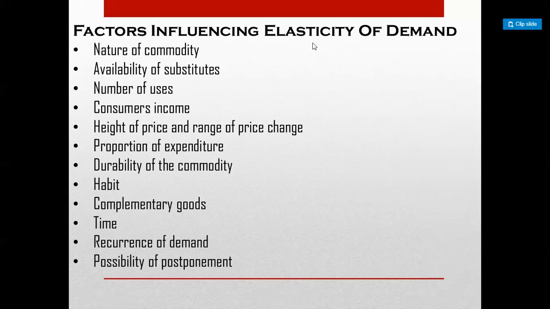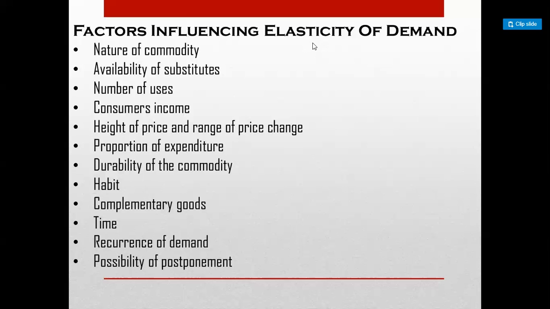Proportion of expenditure: the proportion of a consumer's income that is spent on a particular commodity also influences the elasticity of demand for it. Next is durability of the commodity. Next is habit. Some people have a habit of using something, so a commodity which has become a habitual necessity for the consumer tends to have less elastic demand.